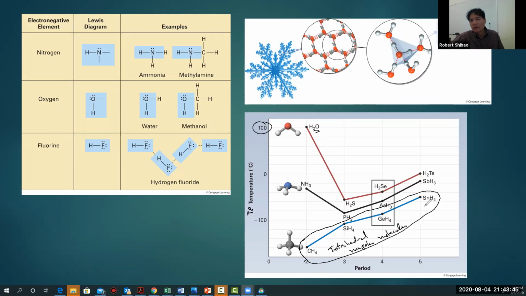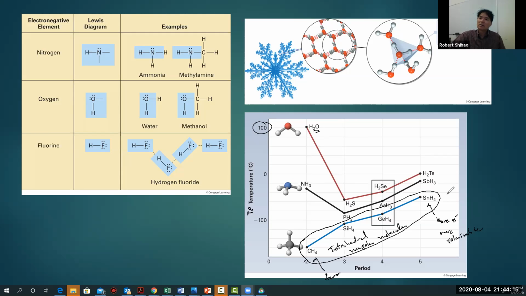But anyway, tin, why? It's not because it's heavier, it's because it's got more electrons. If it's got more electrons, it's what we call more polarizable. This is fewer electrons. And the more electrons, the more polarizable, which means we can polarize it easier to set up the instantaneous dipoles.